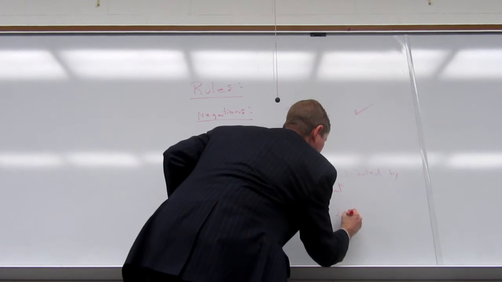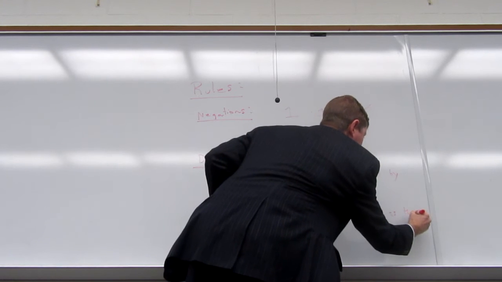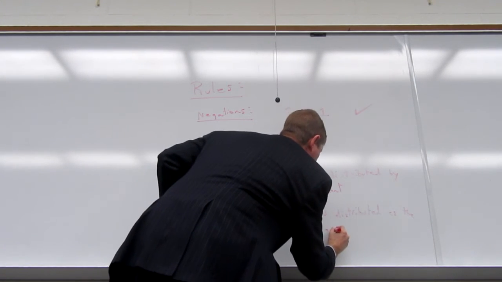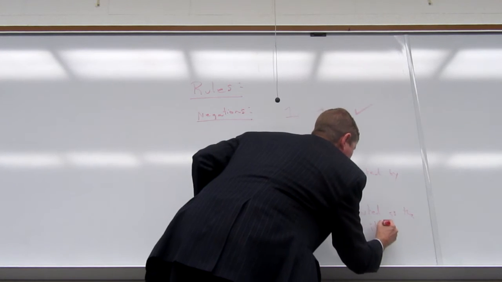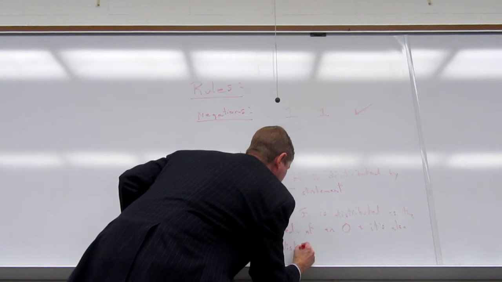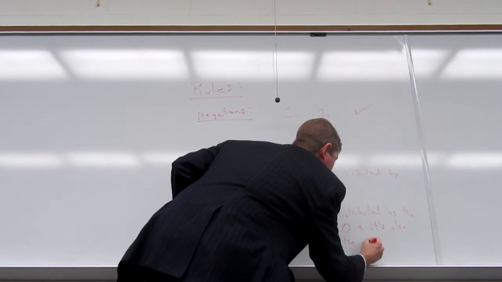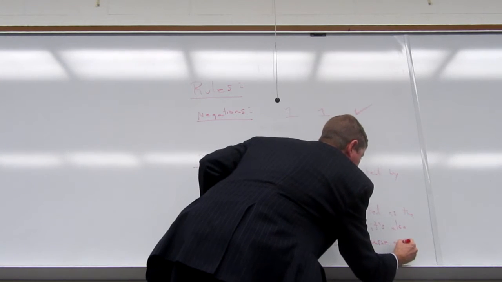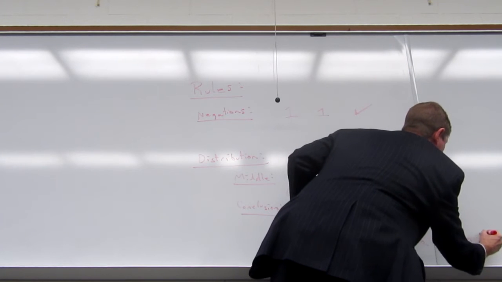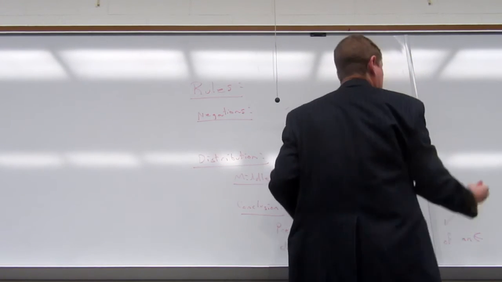G is distributed as the predicate of an O, and it's also distributed in the premise as subject of an E. So it passes this test, it passes this test.